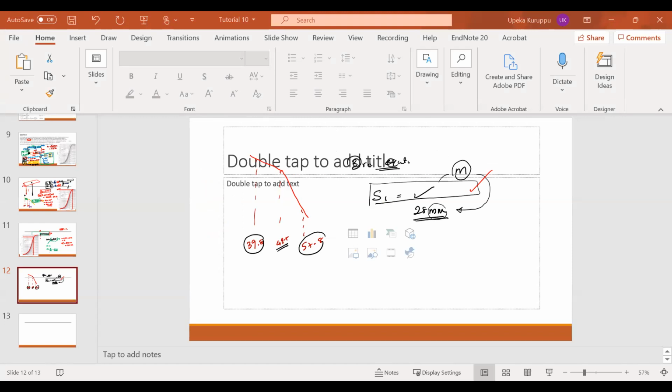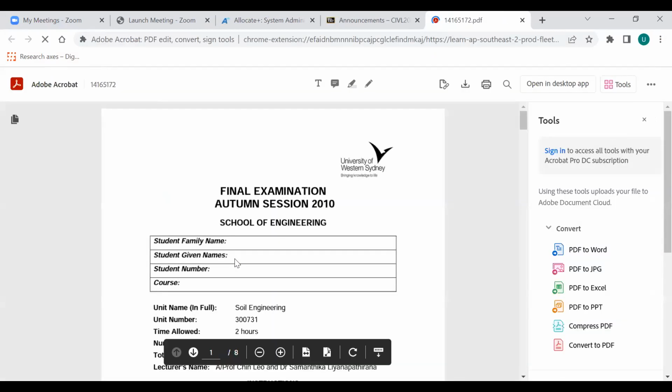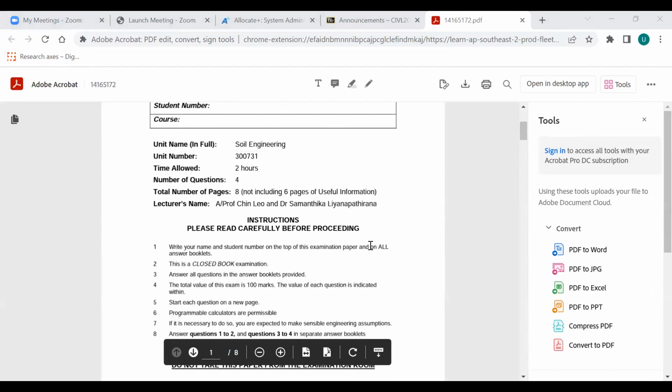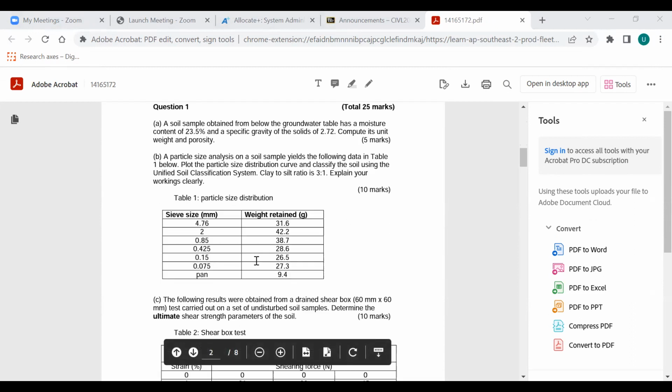Let us open that. Okay, so it is 2 hours and 4 questions, and 25 marks for each question, but each question has small sub questions.